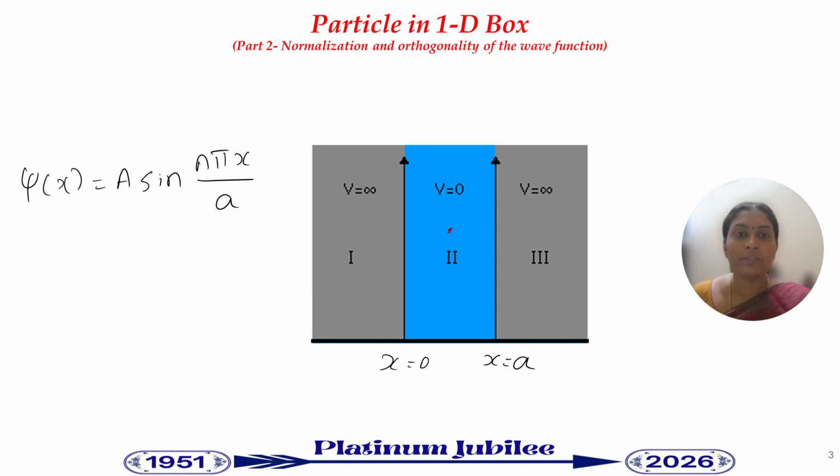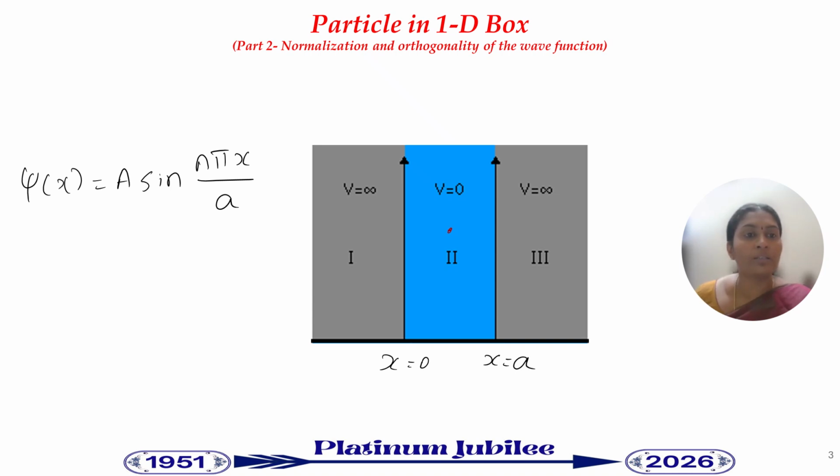We just consider the particle which is inside this region 2, and we consider the potential energy is 0 for this region 2, and for the other two regions, that is when x is less than 0 and x is greater than a, the potential energy is infinite. Even at the boundaries, the potential energy is infinite. For such a particle, the wave function psi of x is given by A into sine of n pi x by a.